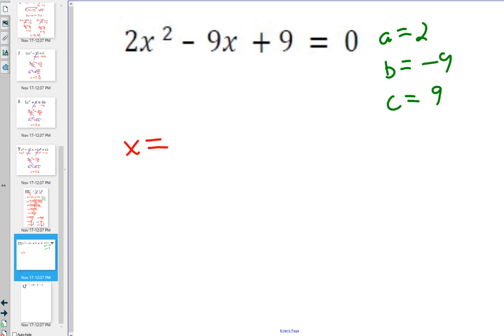X is equal to. Normally I would give you guys time to do these, but you already had time to do these. That's what the practice test was for. So if B is negative 9, what is negative B? Positive 9 plus or minus the square root of 81, minus 4ac.